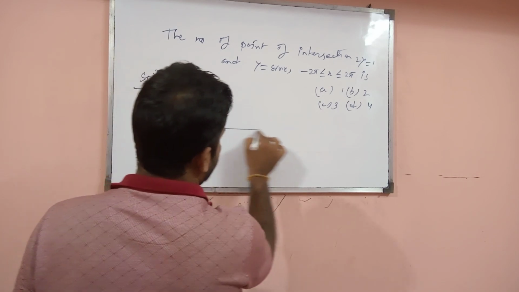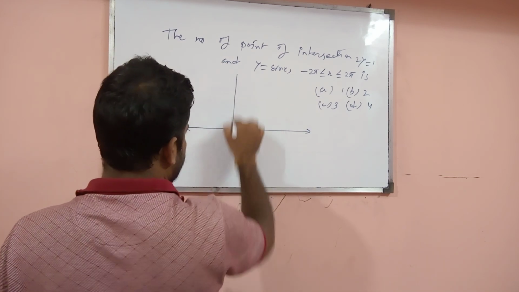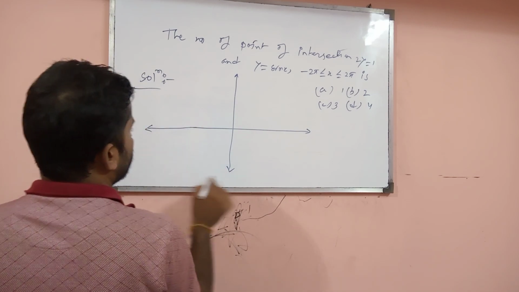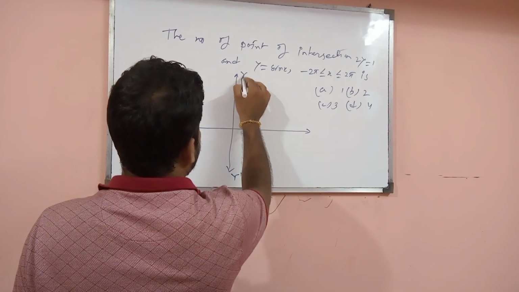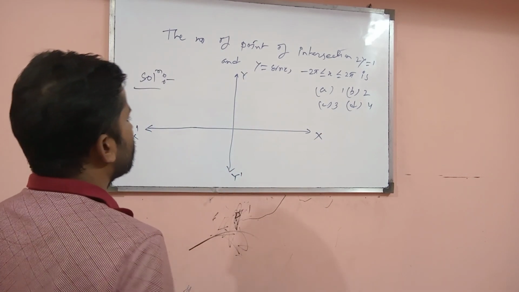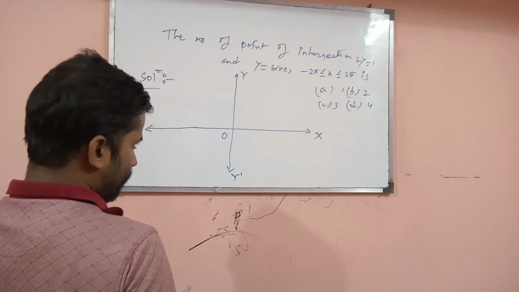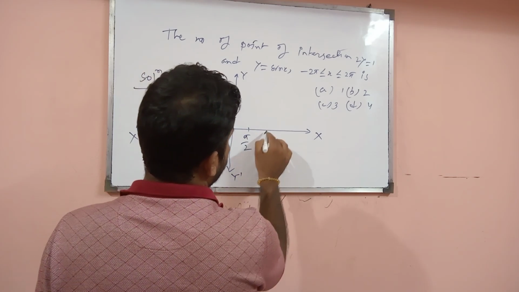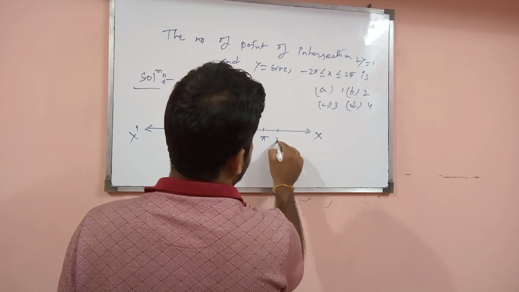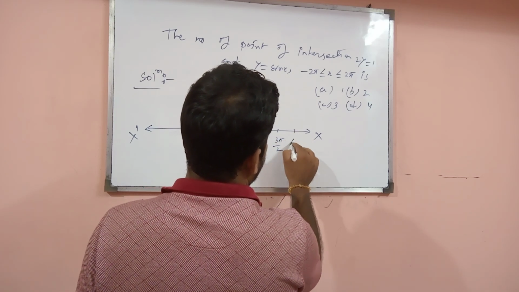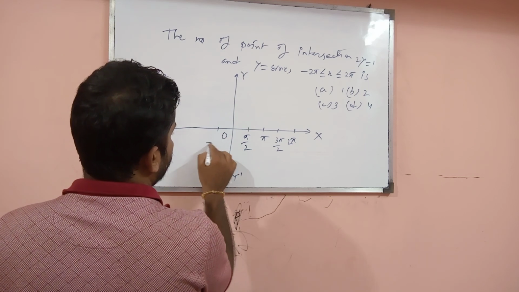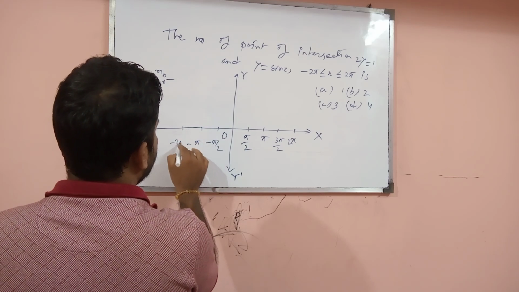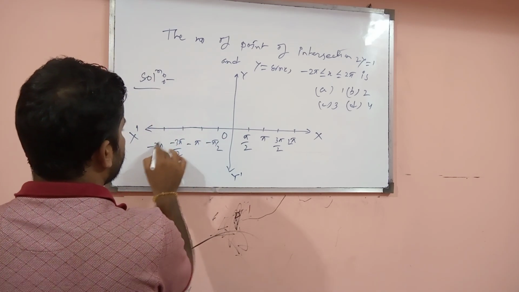Okay, as we know, if two axes intersect perpendicularly at O, then if you consider each interval as pi by 2, then it would be pi, it is 3 pi by 2, and it is twice pi, and it is minus pi by 2, minus pi, minus 3 pi by 2, and it is minus twice pi.